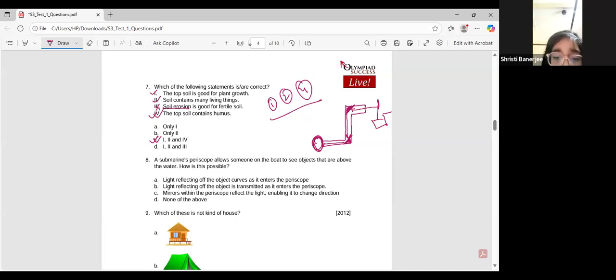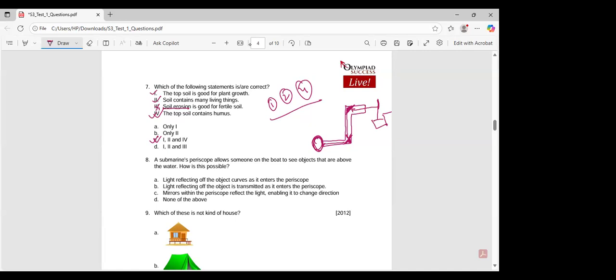Mirrors within the periscope reflect the light, enabling it to change direction. If this mirror wouldn't be there, the light would pass this way, but due to this mirror, the light got deviated. So it is option C. Is that clear?